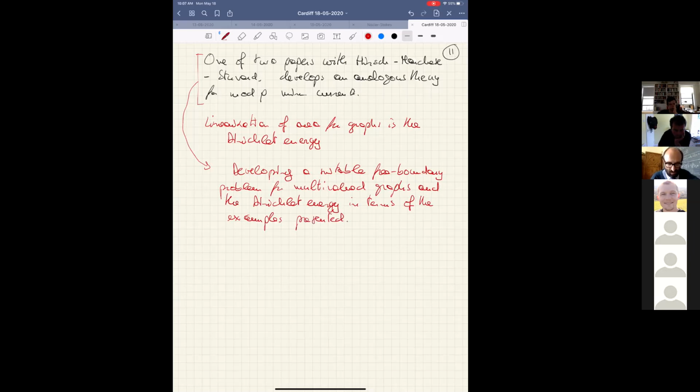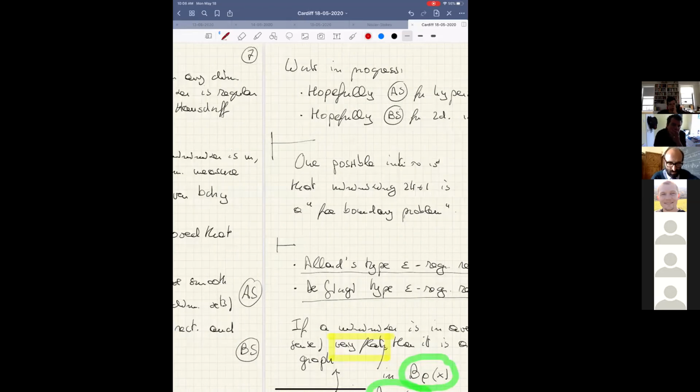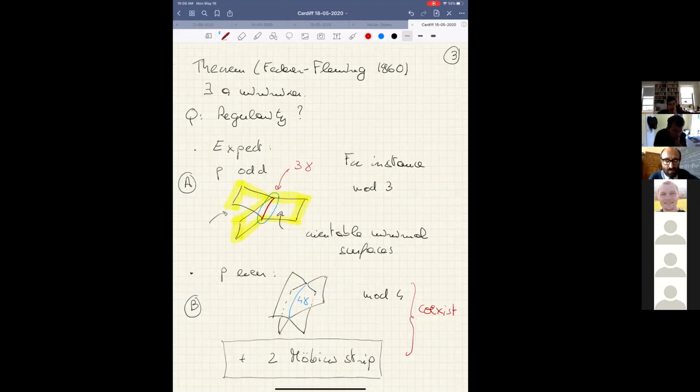Okay, so for instance, if you go back to our situation over here, in this picture, you have ideally three pieces which are coming together, and you have this red one which is actually free, and you're trying to understand how you place the red one in such a way that you minimize the Dirichlet energy, the area.